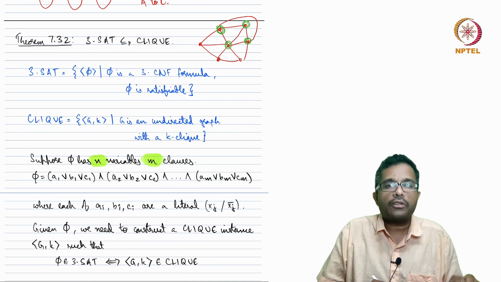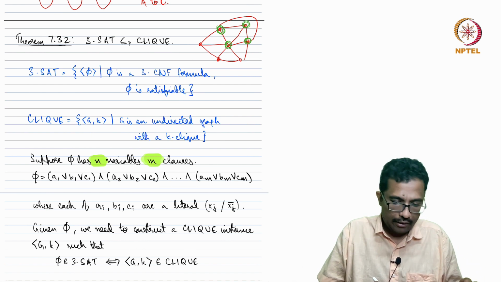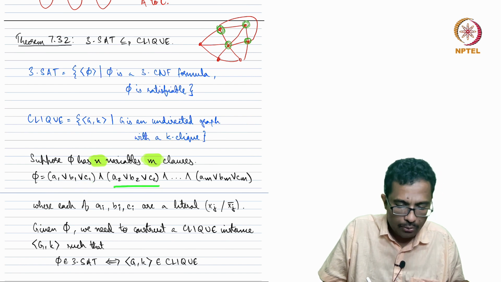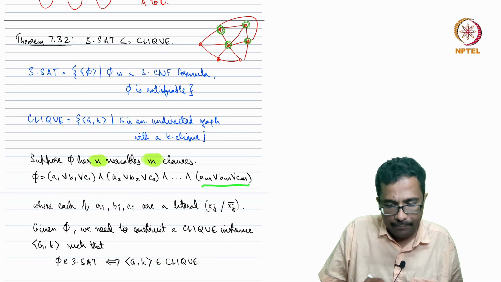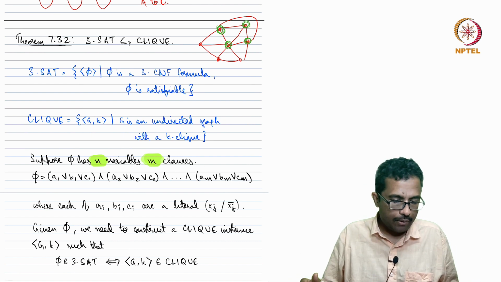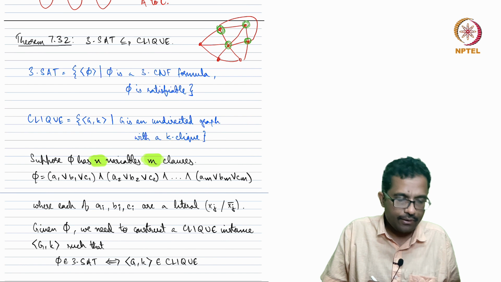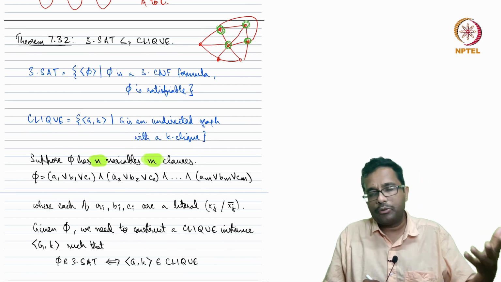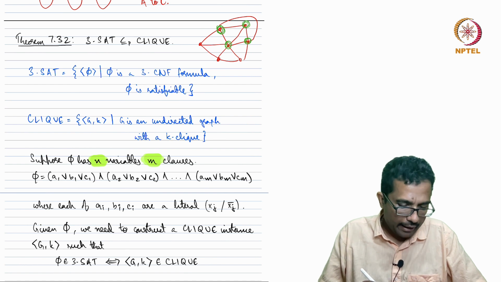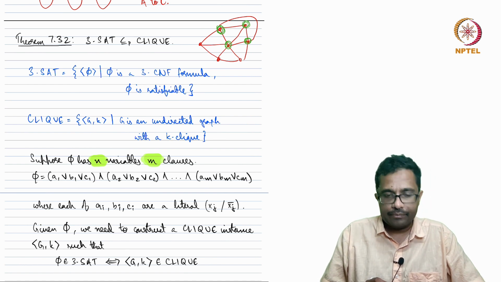And further, each clause is an OR of 3 literals, right? So you will have A1 or B1 or C1, and A2 or B2 or C2, and so on, finally Am, Bm, Cm, right? So this is how the formula will look, where each of A1, B1, C1 may be x1 complement, x2 complement, x3 complement, anything, or xj complement in general, right?